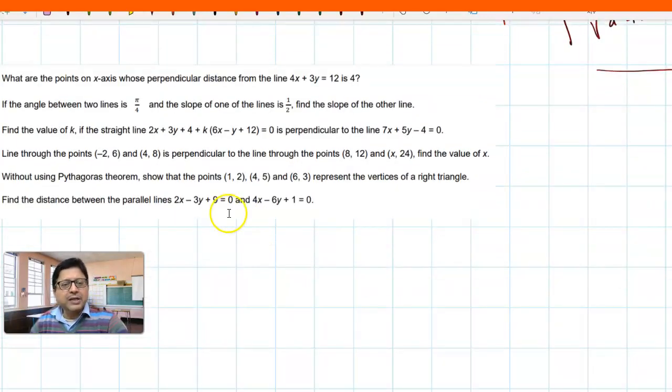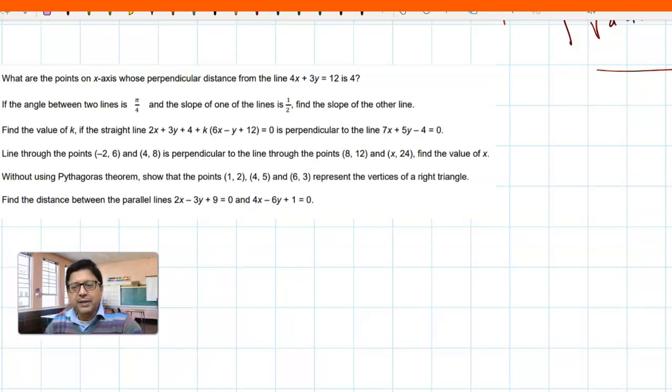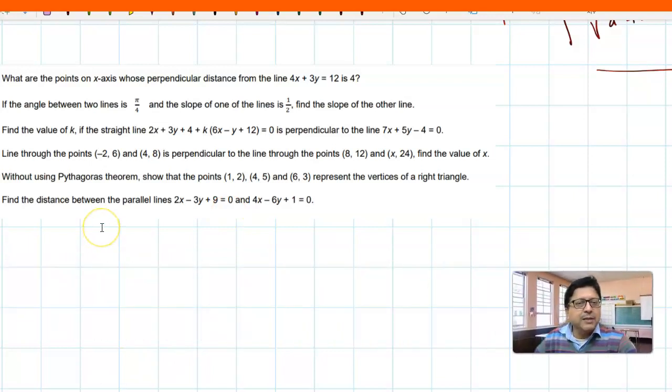Now let us see what kind of problem can be there in sums number 4 to 9. The worksheet is already shared with you. You can take an image from here also if you need. So let us see number 4 here. Find the point on the x-axis whose perpendicular distance from the line is 4.